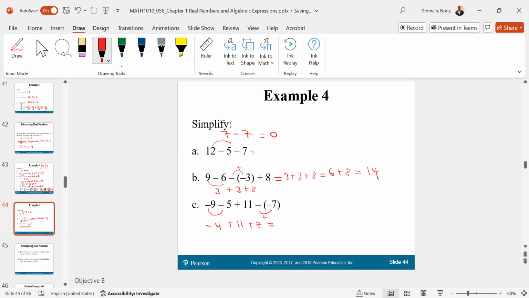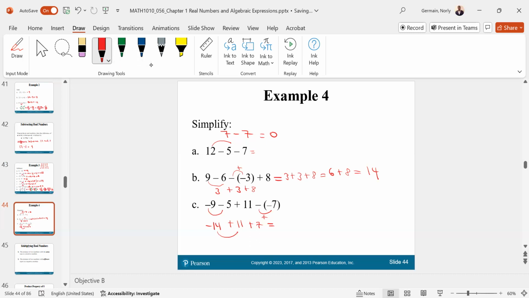So we're gonna have, let's say, if you want to do negative 4 plus 11, we subtract and keep the sign of the largest number. 11 minus 4 is 7 plus 7, that gives you 14. Okay. Let's see, that gives you negative 14. Oh, negative 14. Sorry, I think I messed up on this one. Let's say we said this one is negative 14.